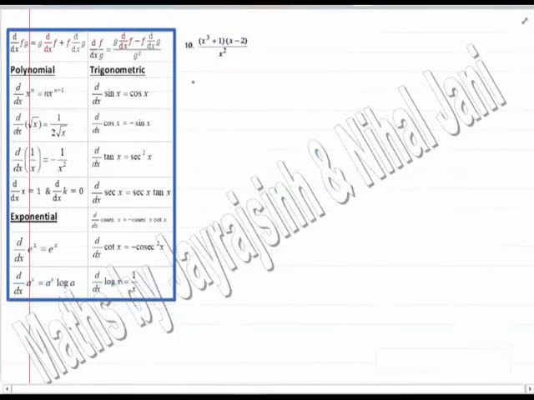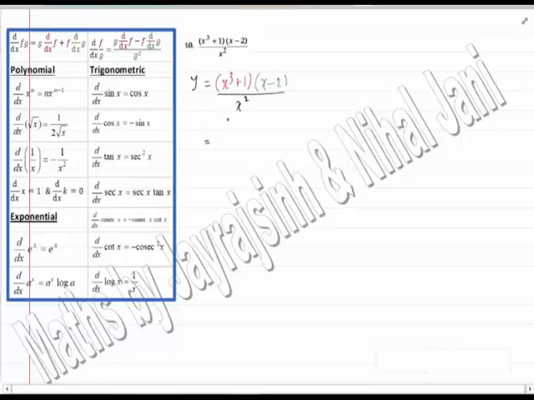Our next question, question number 10, is quite similar to question 9, right? But as I said before, we have to simplify the terms before we apply the differentiation, right? Okay, now to simplify the 10th question we have to simplify the numerator by opening the bracket.